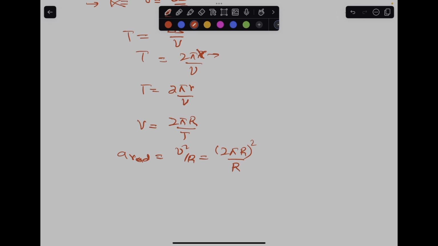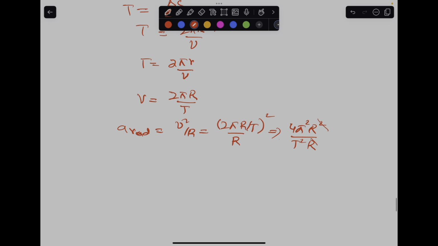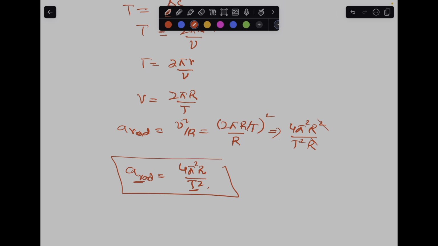Let me correct it: 2 pi r divided by the capital T whole squared, and we are left with 4 pi square r square divided by T squared r. This one r will be cancelled out, and your radial acceleration will become 4 pi square r over T square. So if you know the time period, you can find the radial acceleration as well.